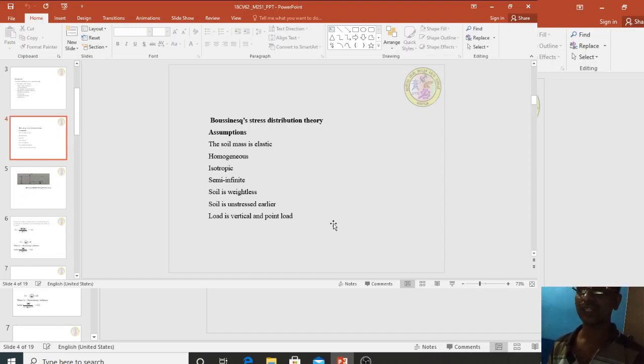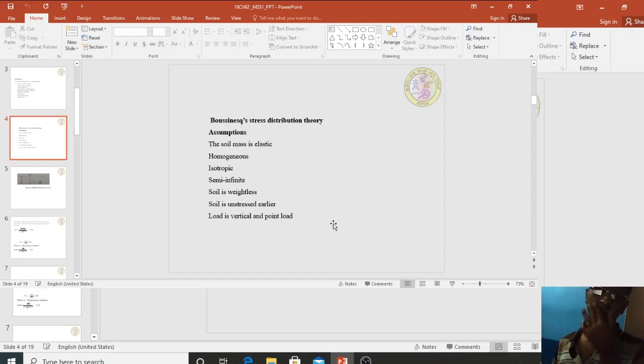Okay, so next is soil is unstressed earlier. Unstressed earlier means that in the history of that soil, it has not been subjected to a pressure equal to or greater than the existing or proposed pressure. Therefore, it has a rich void ratio. The last assumption is that load application is a vertical pointed load.